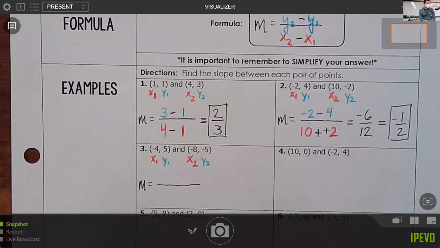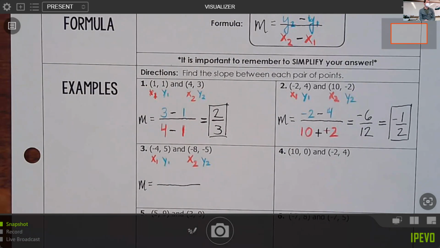All right, the top of our fraction, what math problem are we going to write? Using the formula, what is the top of our fraction going to say?